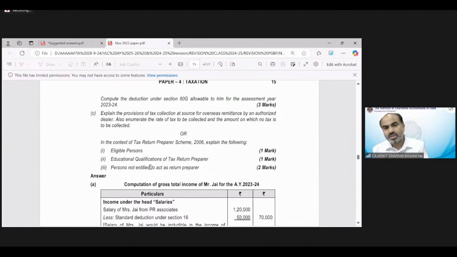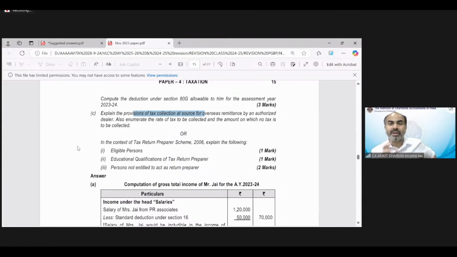So these theoretical provisions, and the optional question was regarding the TCS. So theoretical provisions are also important for your examination. You cannot ignore them. So please focus on theoretical provisions as well as the numerical provisions. In the starting of the class, I explained a strategy for completing your chapters wise.